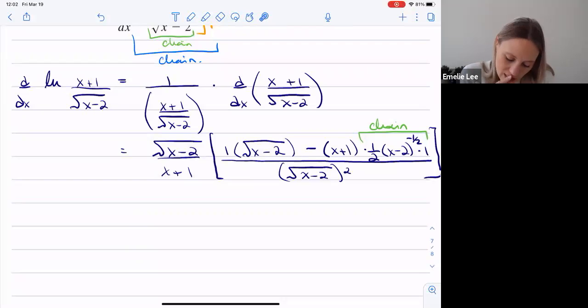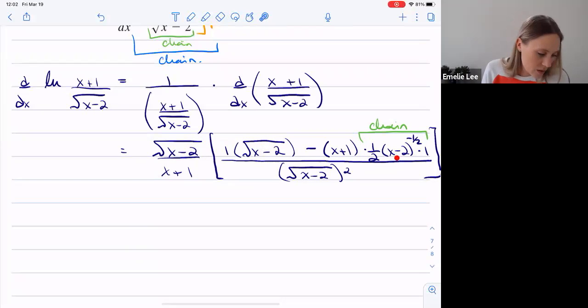There are a couple of ways that you could go about doing it, right? You could bring in this root x minus 2 and multiply it by this root x minus 2 in the numerator. And then you also have root x minus 2 over root x minus 2, right? Once you bump this x minus 2 to the negative 1/2 to the denominator, maybe that's a cleaner way to go. Okay, here we go.